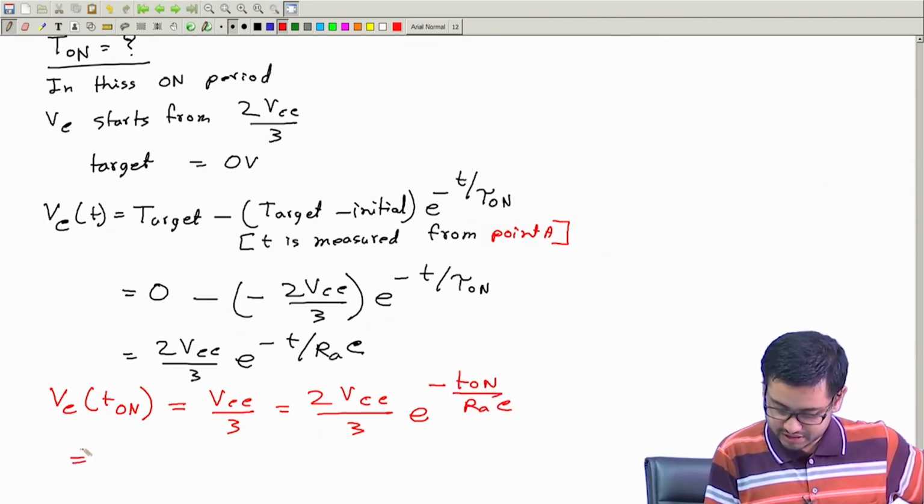Okay. Now, this is simple to find t on. Once again you can cancel VCC by 3.